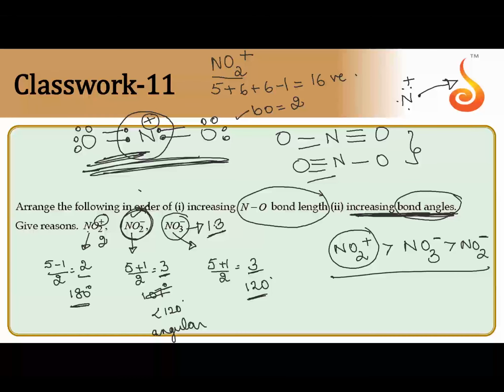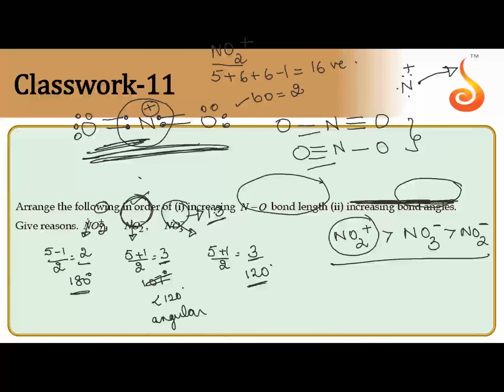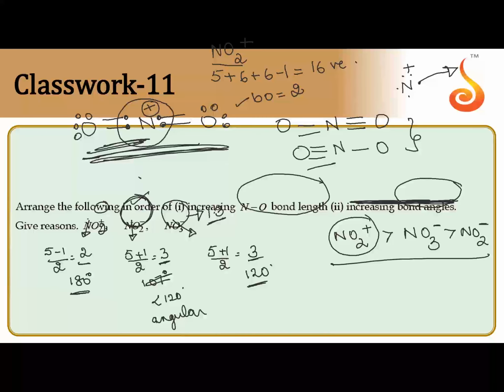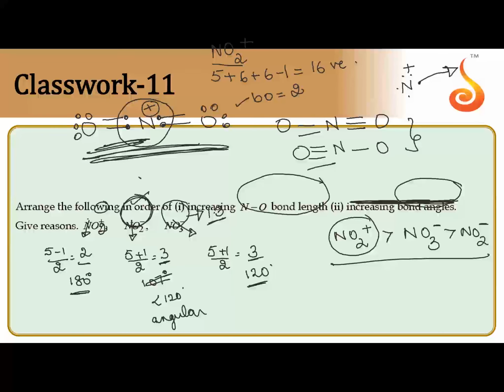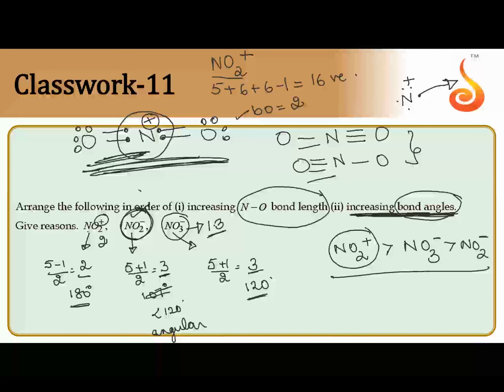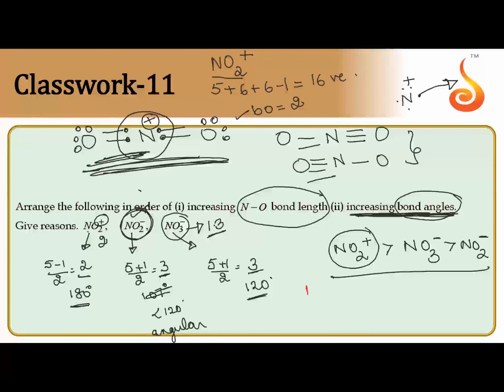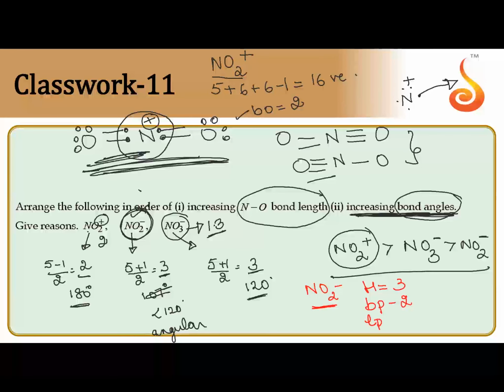Can you try? Draw the structure. NO2 minus bond angle is determined. See, NO2 minus, you concluded that the H value is 3. Bond pairs are how many? 2, meaning lone pair is 1. When you have 2 bond pairs and 1 lone pair, what is the geometry?